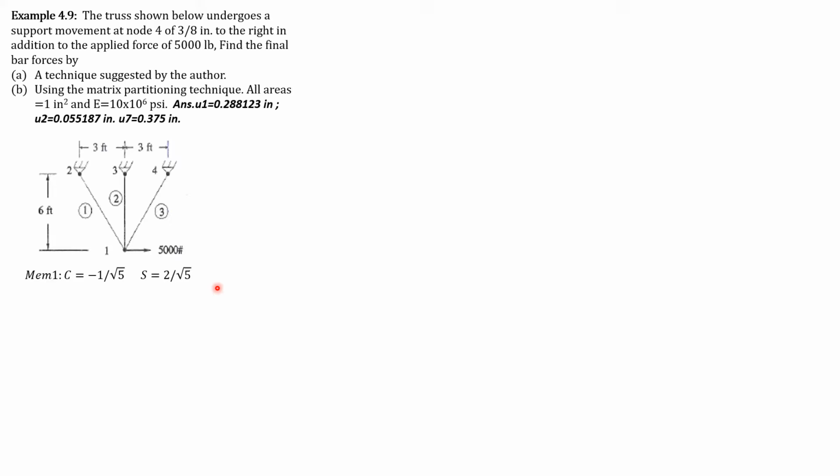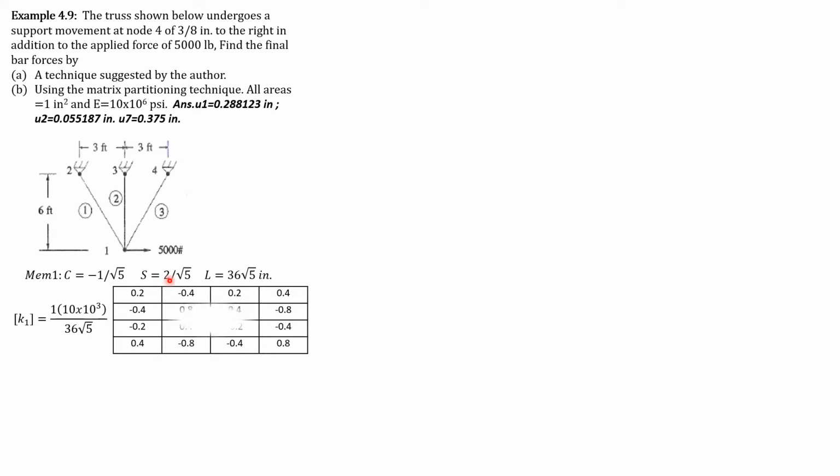The length is square root of 3 squared plus 6 squared. Convert that to inches, so 36 square root of 5 inches. So for A1, it is area 1 times 10 to the 6, 10 to the third. So let's make the stiffness kips per inch this time. Then cosine squared is 0.2.